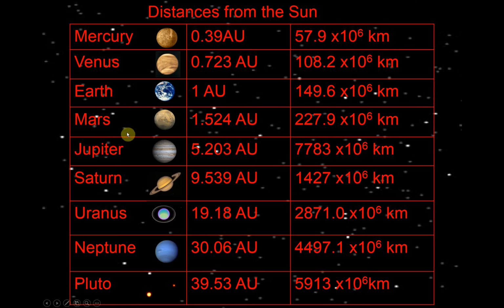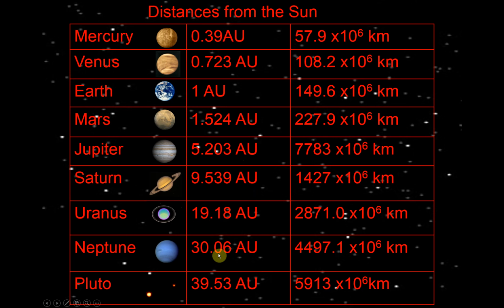We do of course have asteroids floating around in here, but there's a big gap, and we have Jupiter at 5 astronomical units. We're now looking at thousands here of millions of kilometers, 7,783 million kilometers. The next planet is Saturn at nearly 10 astronomical units, Uranus at 19, even further out.